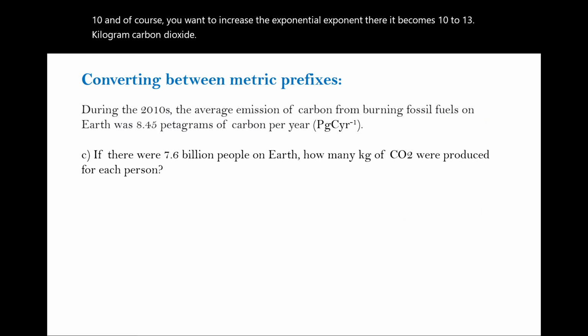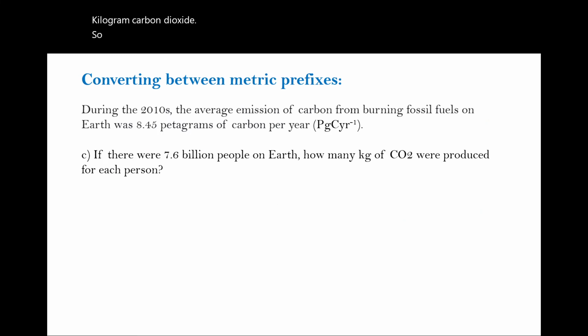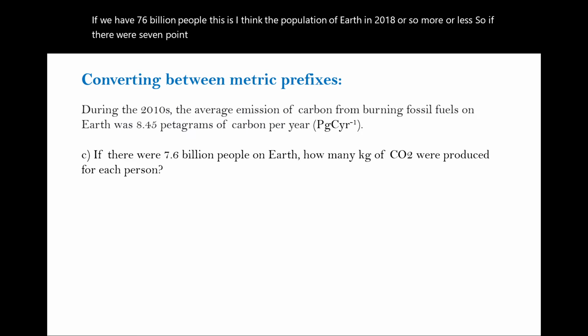So here we got, if we have 7.6 billion people, this is, I think, the population of Earth in 2018 or so, more or less. So if there were 7.6 billion people on Earth, how many kilograms of carbon dioxide were produced by each person?